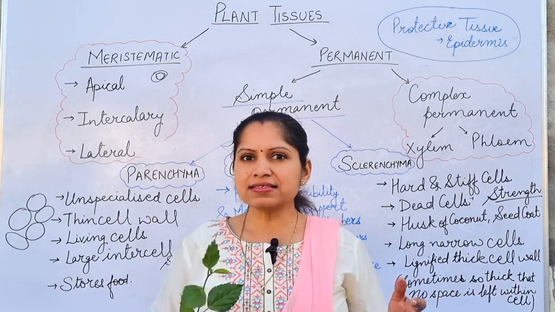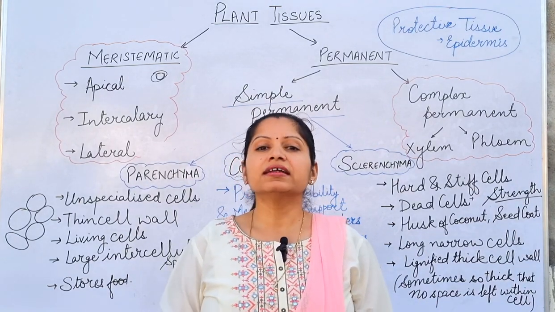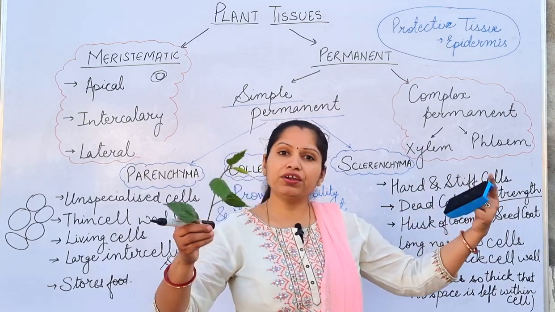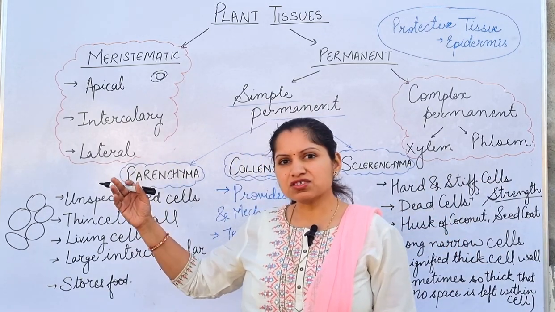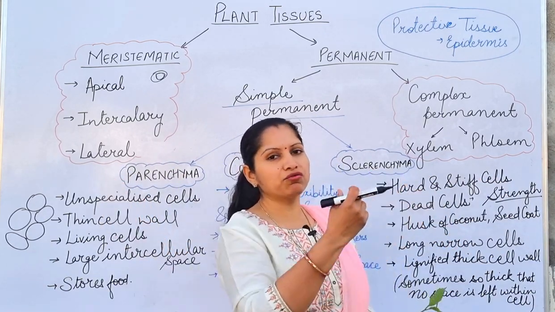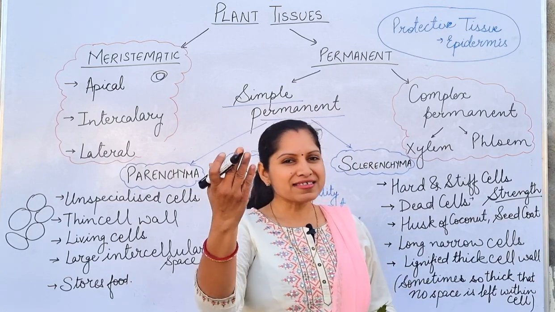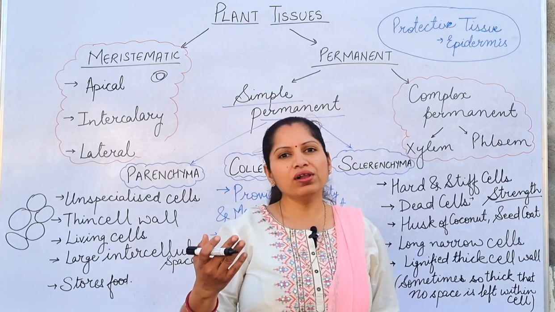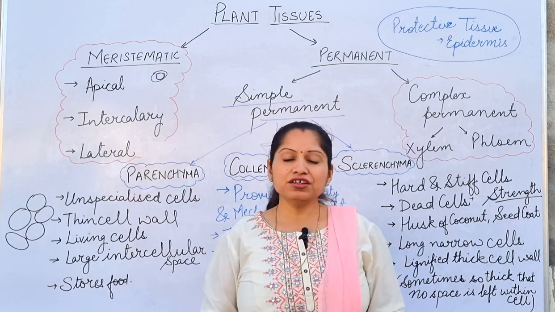Now, as the plant grows, these meristematic tissues are going to grow into different types. From these meristematic tissues only, different types of tissues will be formed. For example, if you are all fast growing students, you are all like meristematic tissues.